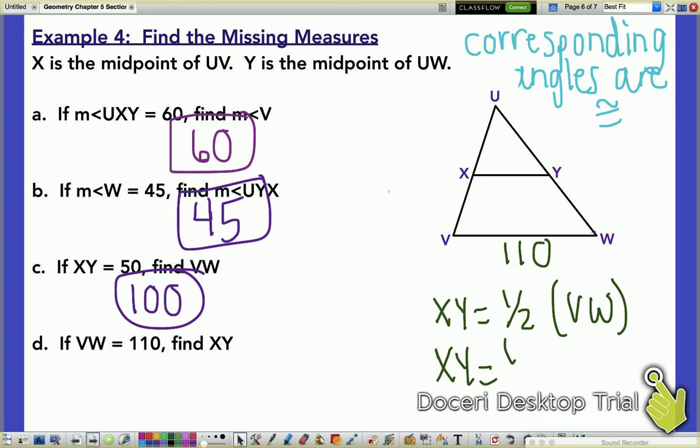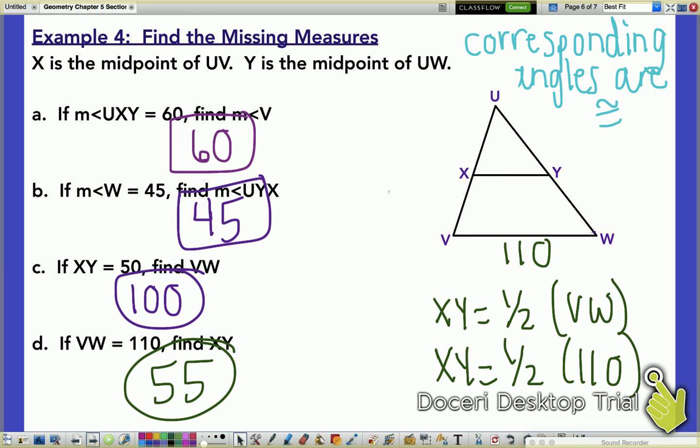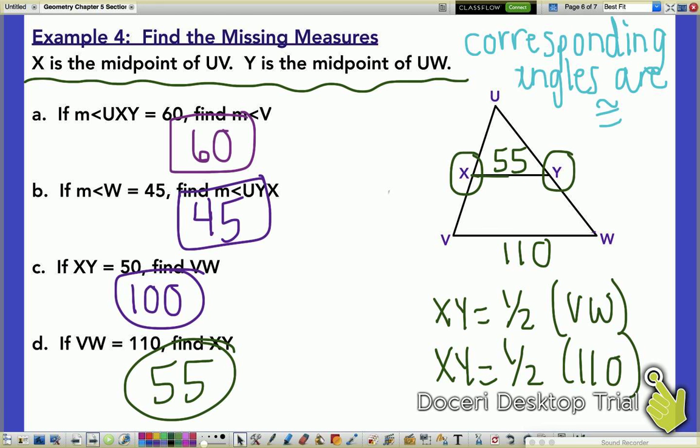So XY is half of 110, so it would be 55. And up here too, they tell me that that's the midpoint, that's the midpoint, so I know that that's the mid-segment. That's how that works.